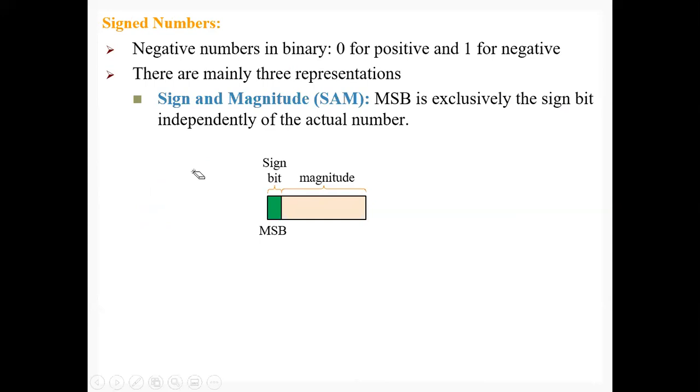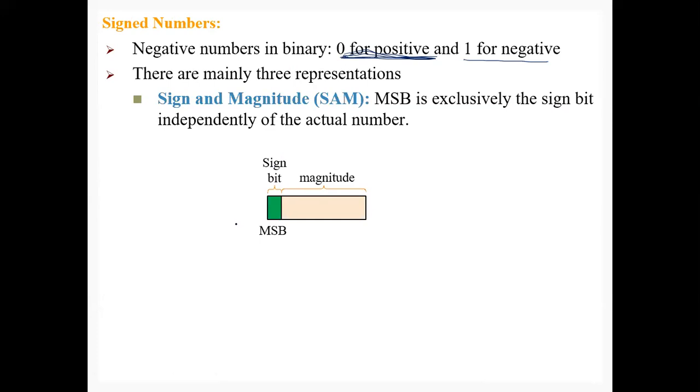So negative numbers in the computer coding, in the binary system, are represented by 1, while positive numbers are represented by 0. But you have to find a way to accommodate that, and we'll figure that out.